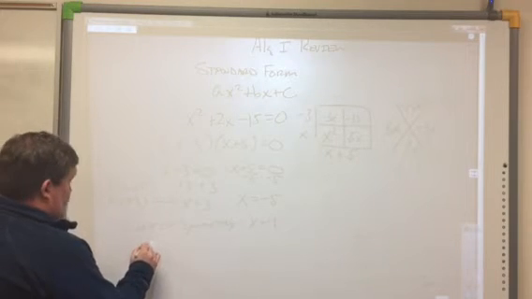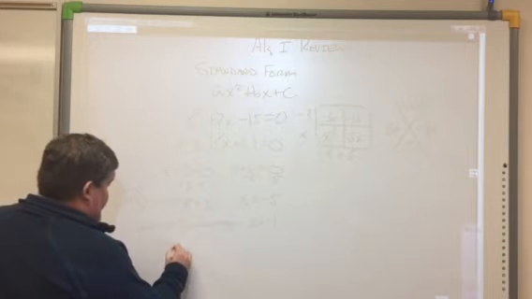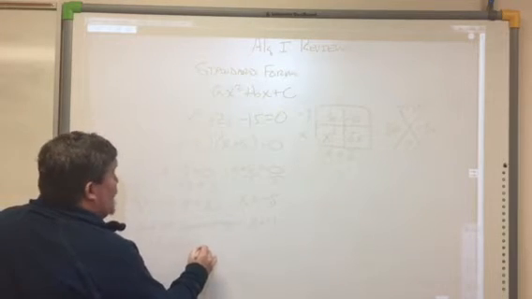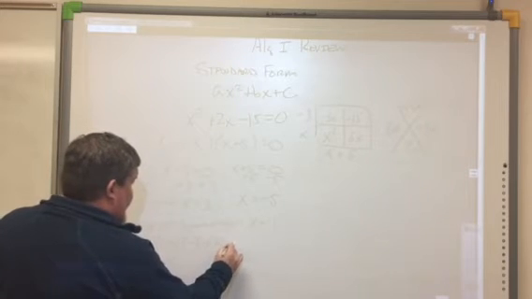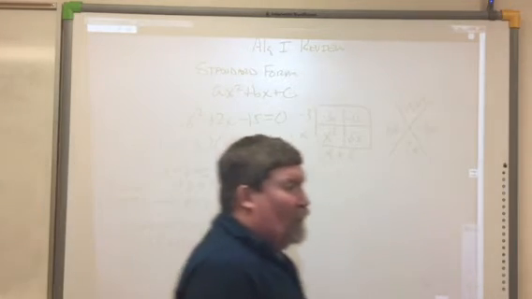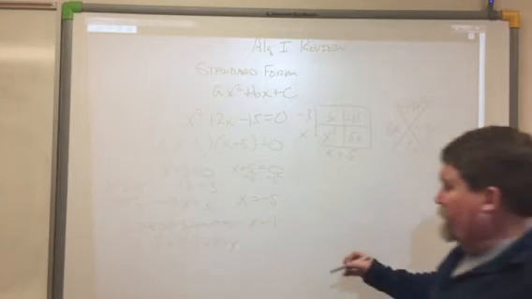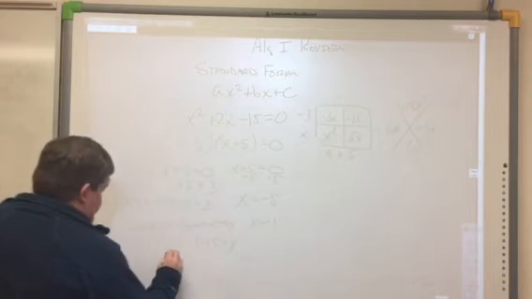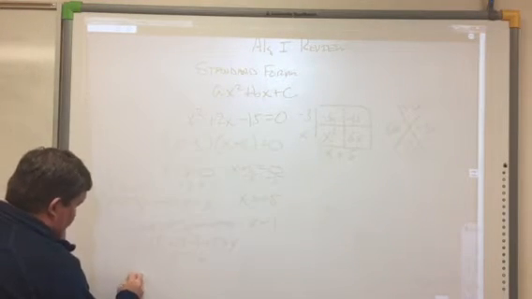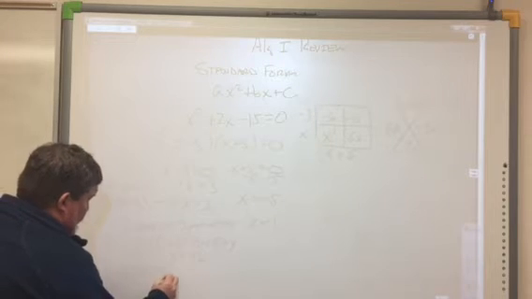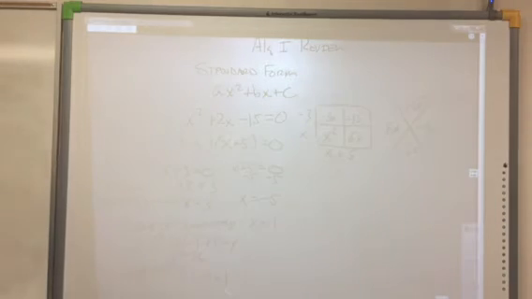So if I plug in negative 1 squared plus 2 times negative 1 minus 15, that is going to give us our y coordinate. You multiply that out, we get y is equal to negative 16. So our vertex is at negative 1, negative 16.